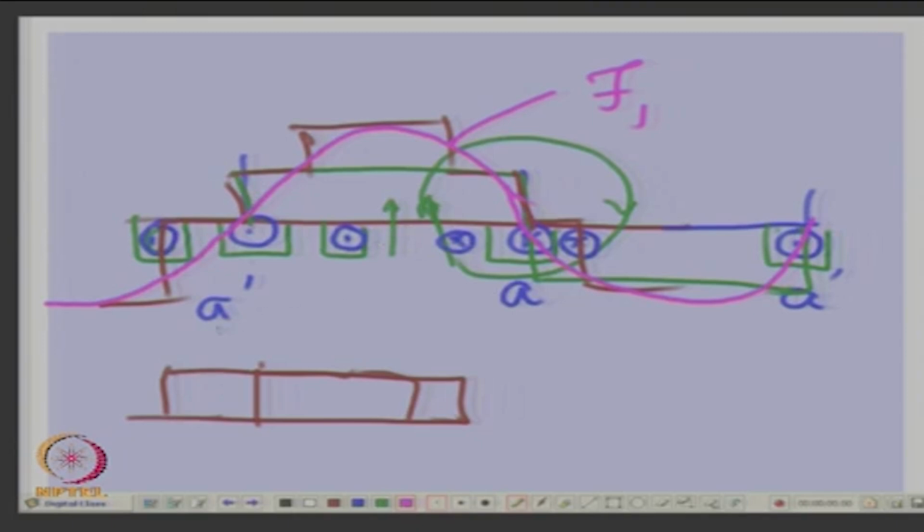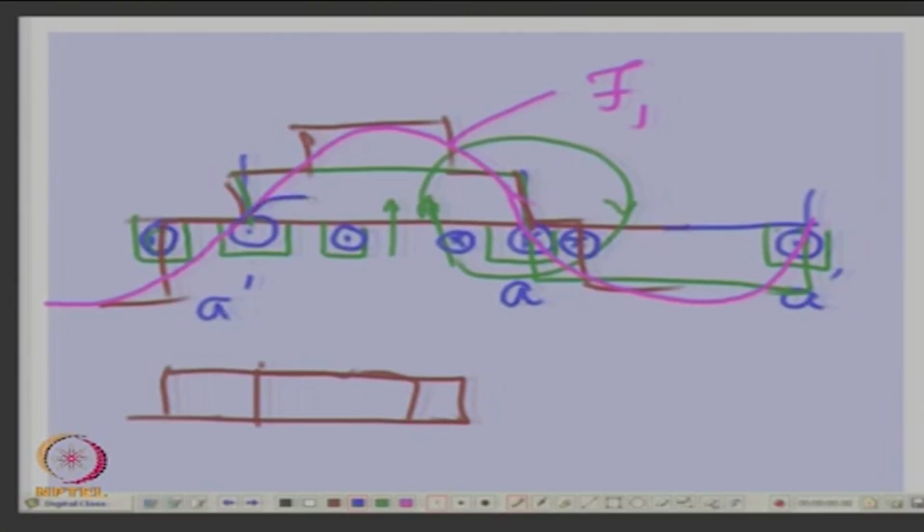So, it will have third harmonic, fifth harmonic, seventh harmonic, and if asymmetry is there, it may even give rise to even harmonics. So, this may have a third harmonic, F3, right, and maybe it can even have a fifth harmonic.